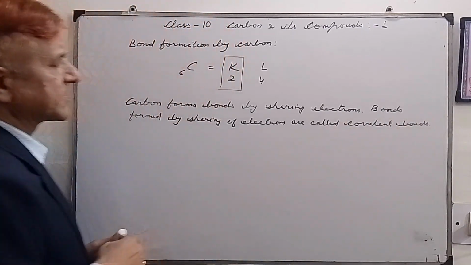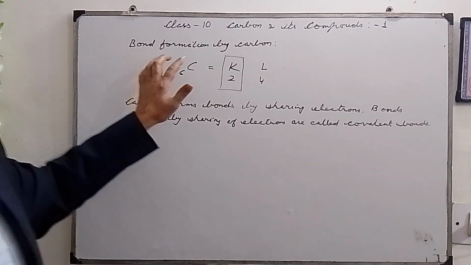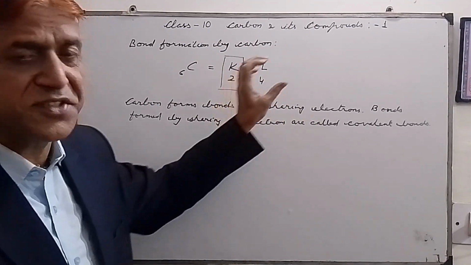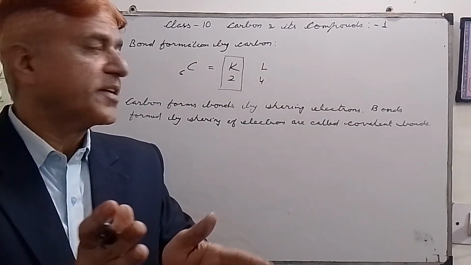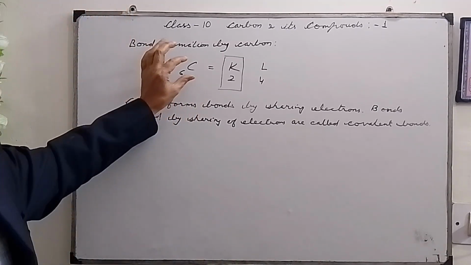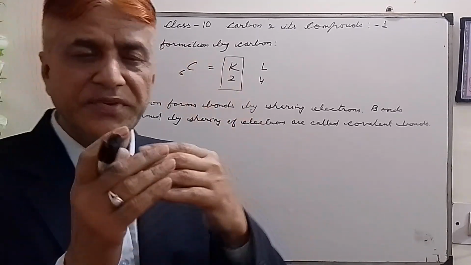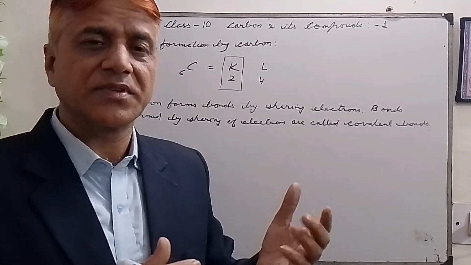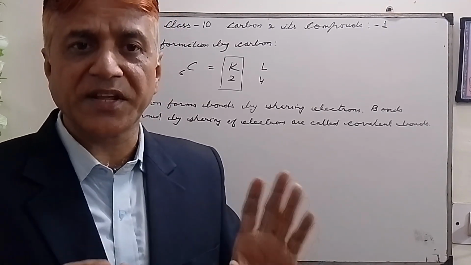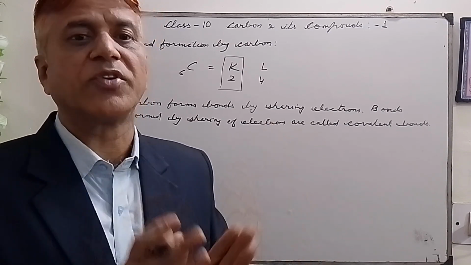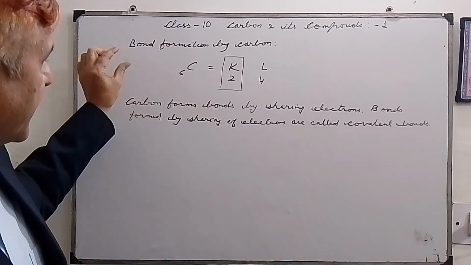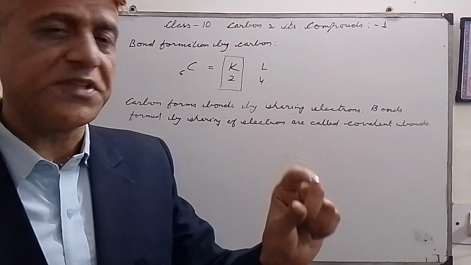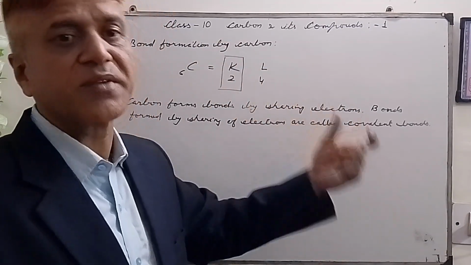So my dear students, carbon forms what type of bonds? Covalent bonds. And covalent bonds are formed by sharing of electrons. Carbon does not form bonds by giving or taking electrons. The bonds formed by giving and taking of electrons are called ionic bonds. So we can say that carbon does not form ionic bonds, it forms covalent bonds.